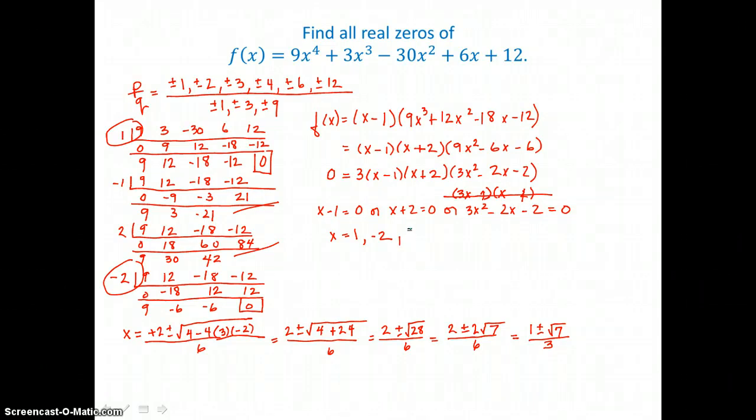And so I can list those separately. I'll have 1 minus the square root of 7 over 3 and 1 plus the square root of 7 over 3 as real zeros. I have 2 rational real zeros and I have 2 irrational real zeros for this function of the 4th degree.